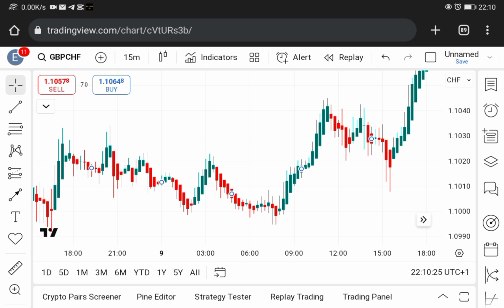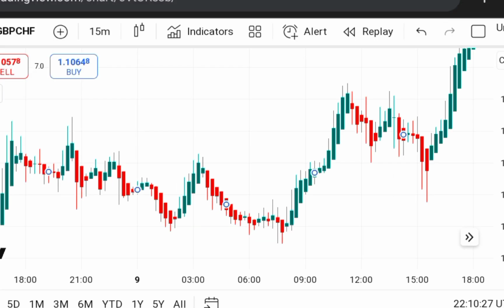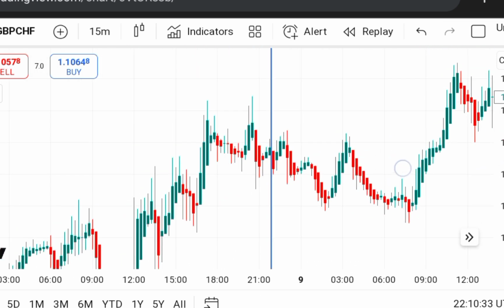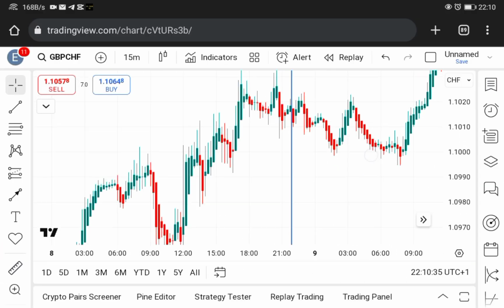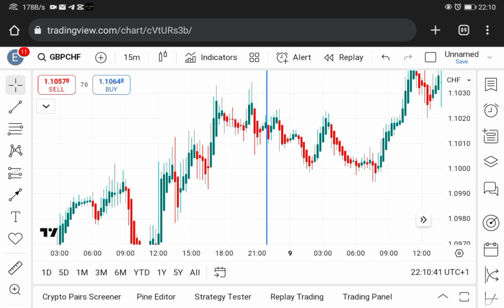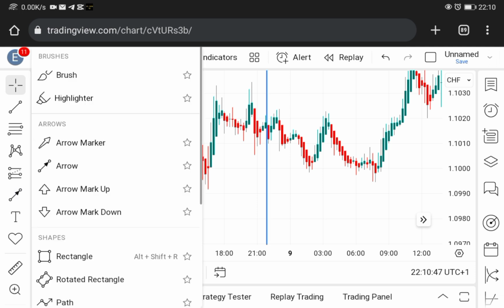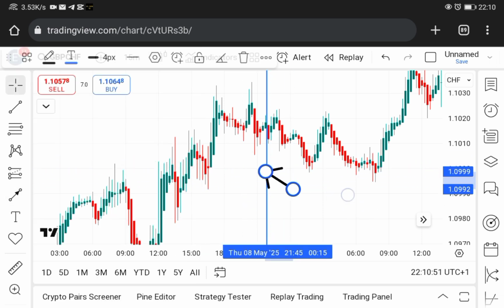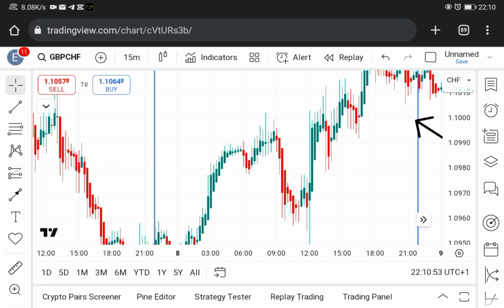So once I click OK, there is something you are going to see on my chart, which is those lines here. This line represents a day. This will help me to know the phase that I'm in this market. So this line right here represents a day for me, and here was another day.